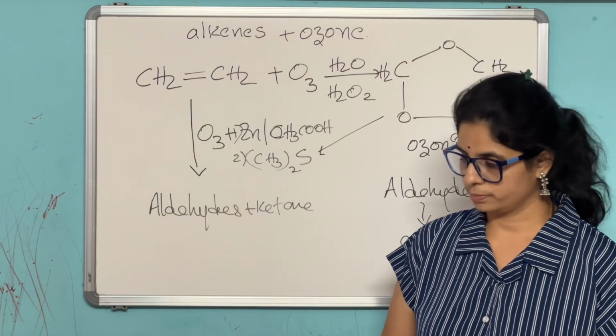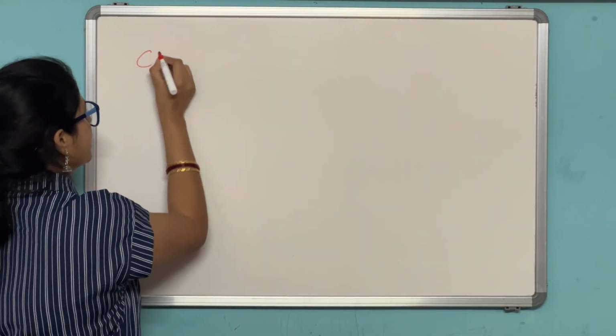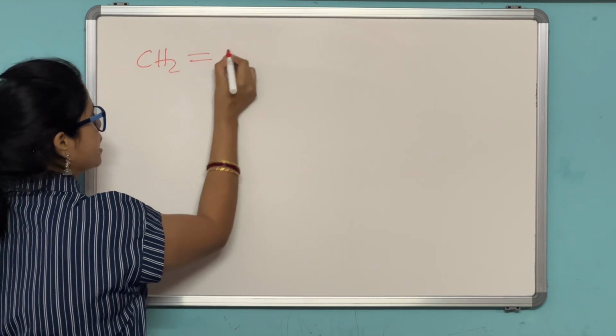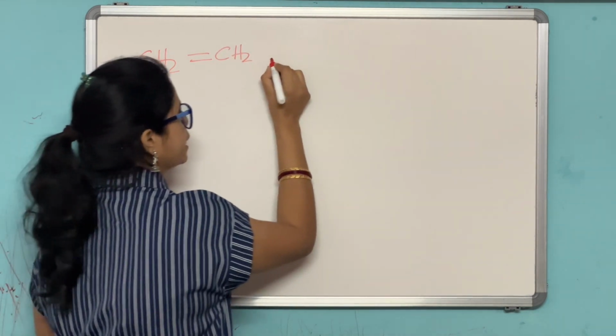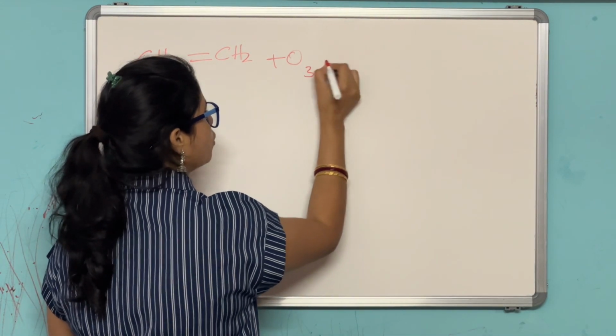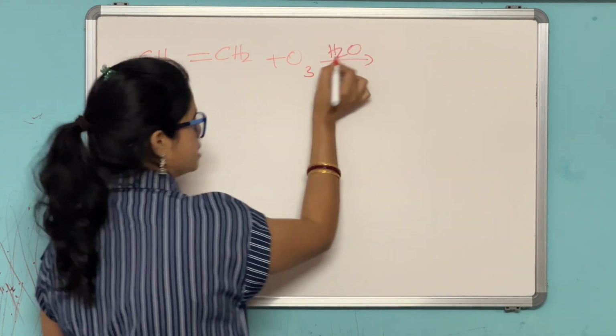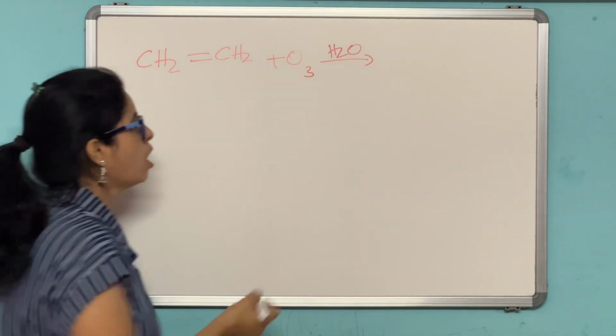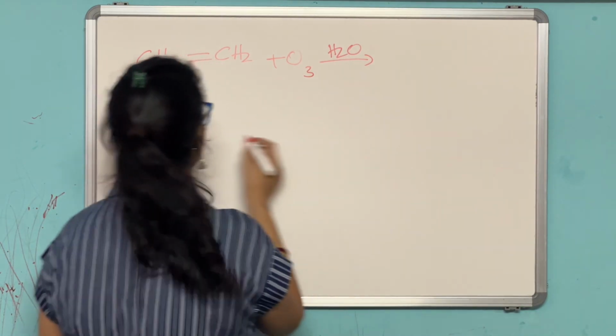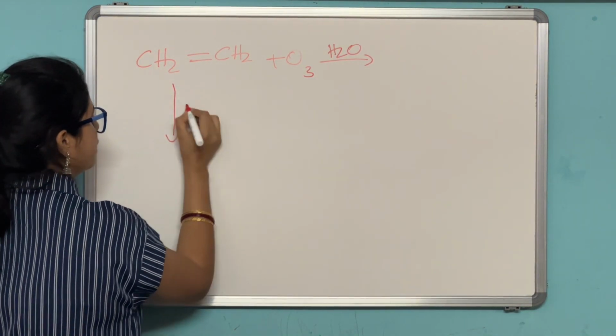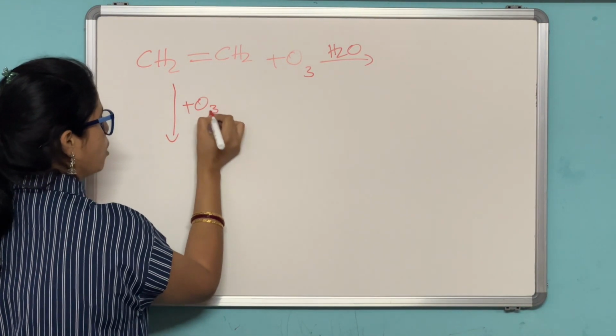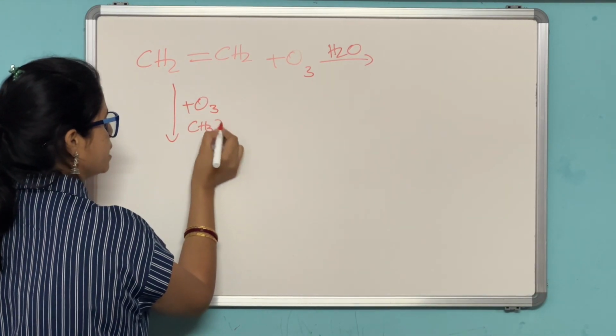Now for that alkene, first we'll write CH2. Here we'll take two conditions. Ozone treated with H2O first. So what are the products? And the second, the same alkene taken with ozone and dimethyl sulfide.